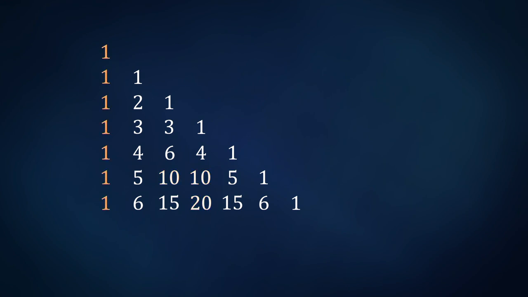Notice that the left-hand column has all 1s in it. We call that column column 0, and we call the top row row 0. The next column has all the positive integers. We call that column column 1, and label the rows to match its integer.